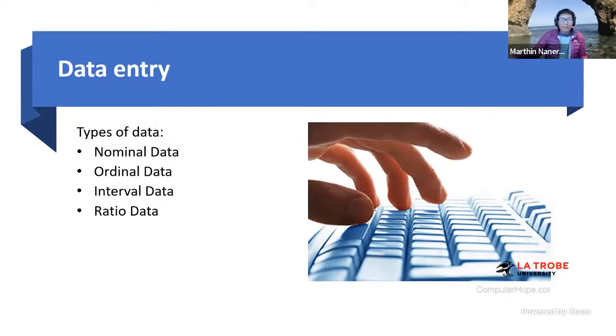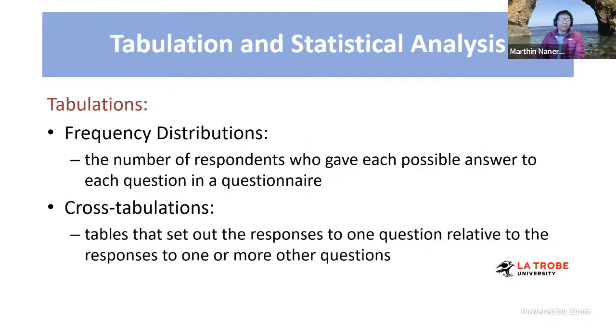The next thing we're going to look at is tabulation and statistical analysis. Frequency distribution. Researchers very often attempt to get a first feel of the data they have by producing a frequency distribution. So this is the first thing I would probably do for your last assignment.